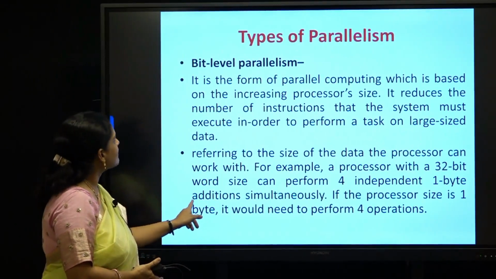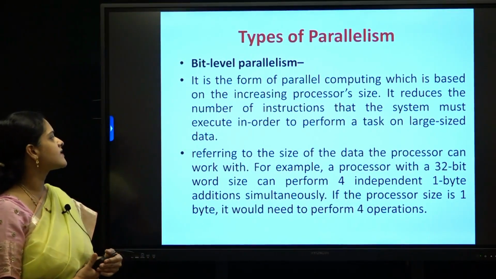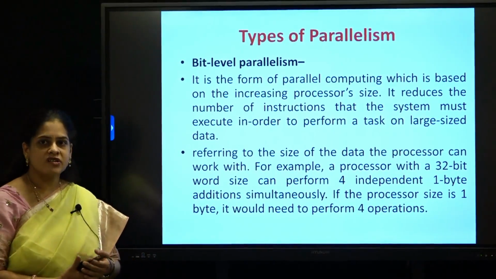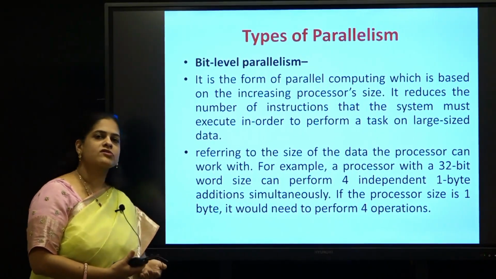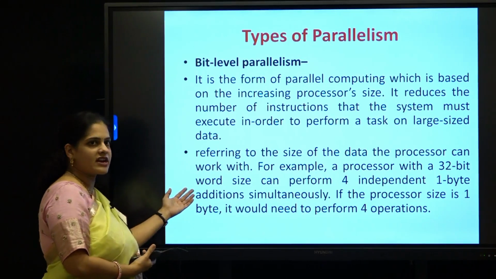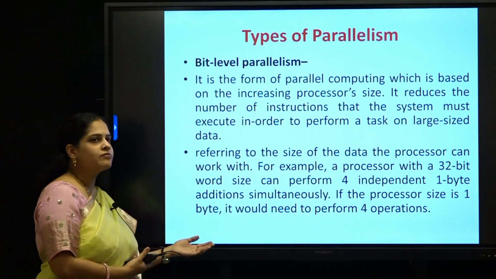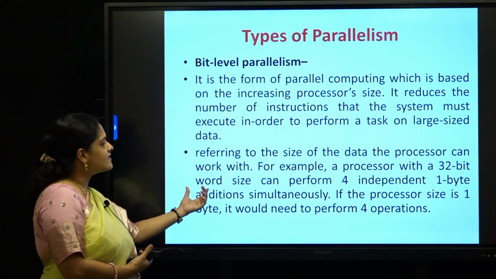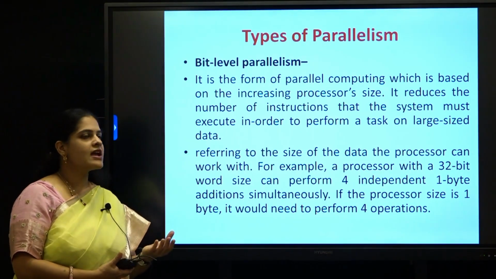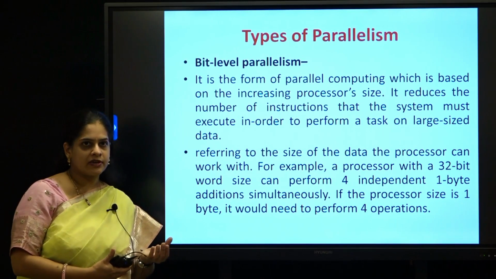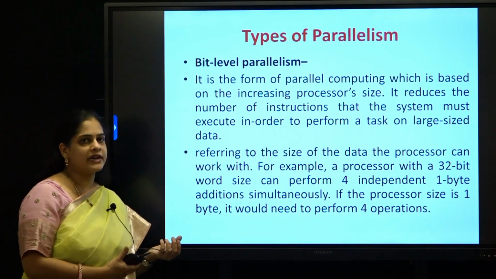Coming to bit level parallelism, it refers to the size of the data the processor can work with. Take a processor with a 32-bit word size. At a time, that 32-bit word can perform 4 independent 1 byte additions. For example, say an addition operation takes 8 bits and is done in an 8-bit data format.